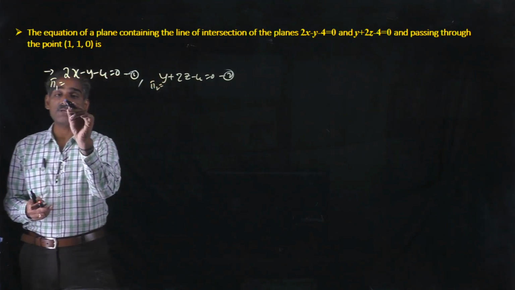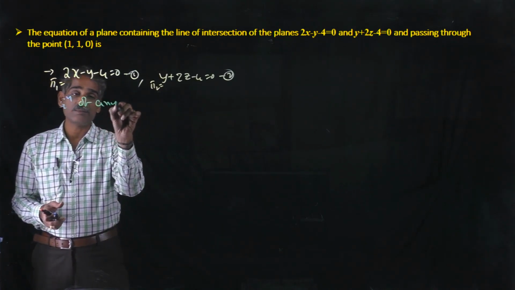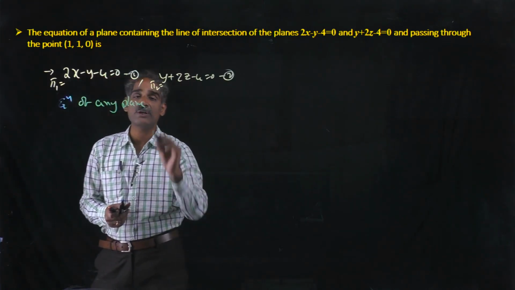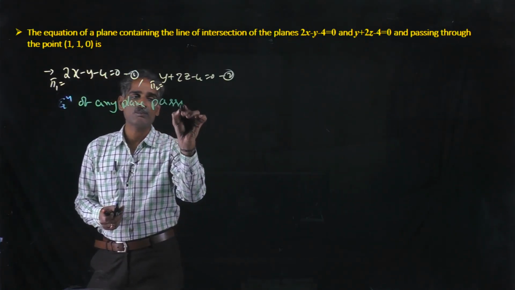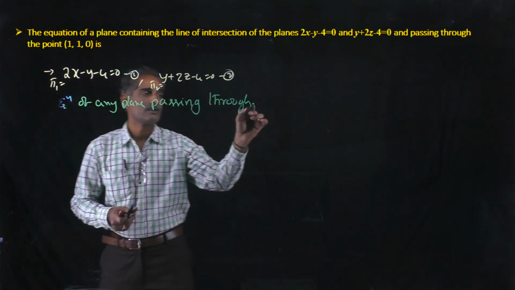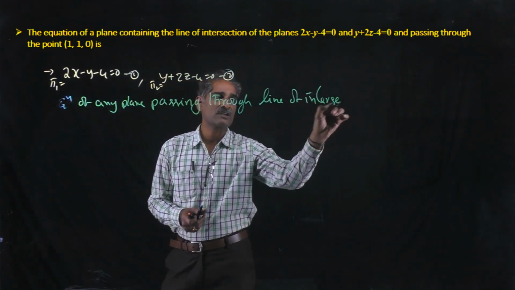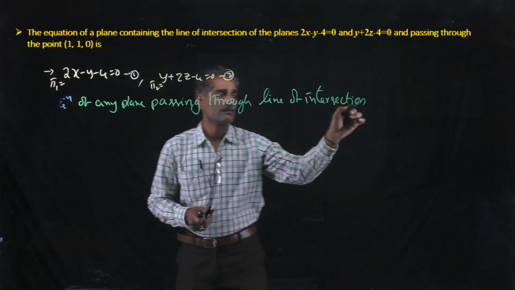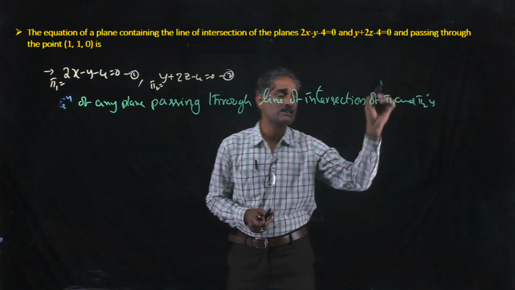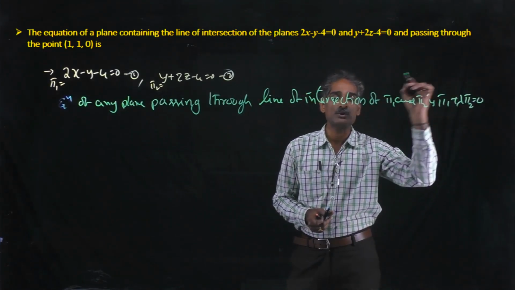So the equation of any plane passing through the line of intersection of 1 and 2 is phi 1 plus lambda phi 2 equal to 0.